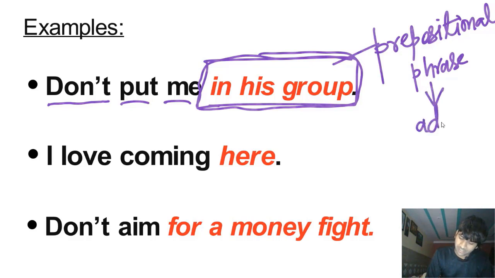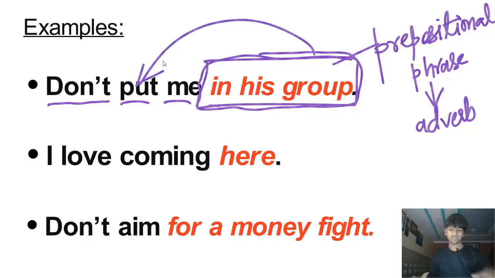That is why we'll call it an adverbial, because it is not a regular adverb. It is an adverbial phrase, adverbial, right? So it is an adverbial that is necessary to the meaning of the verb put. So if you remove this piece of information which is in his group and reread the sentence, don't put me, you will be left with an incomplete sentence.